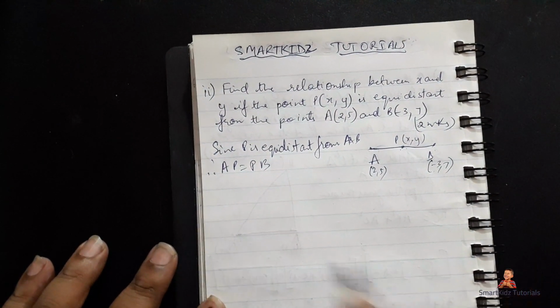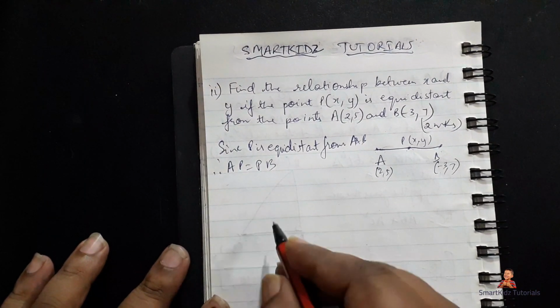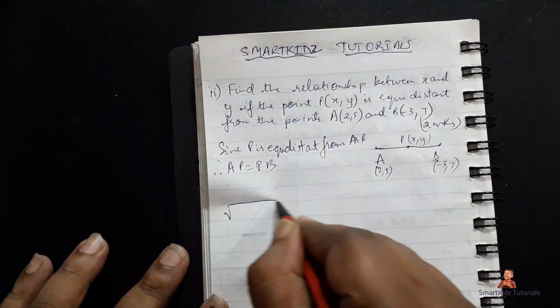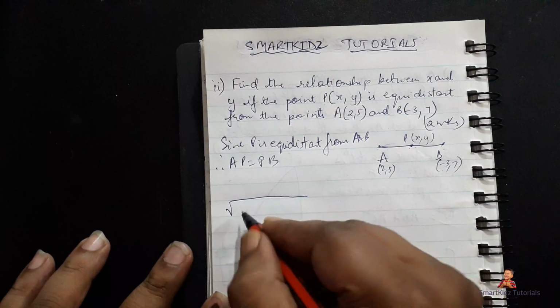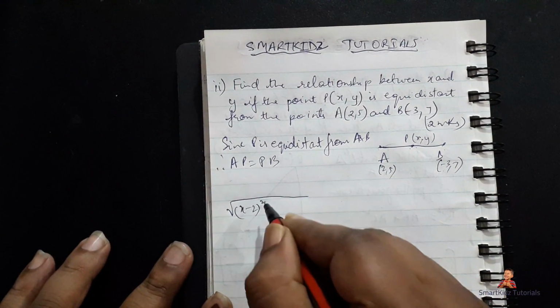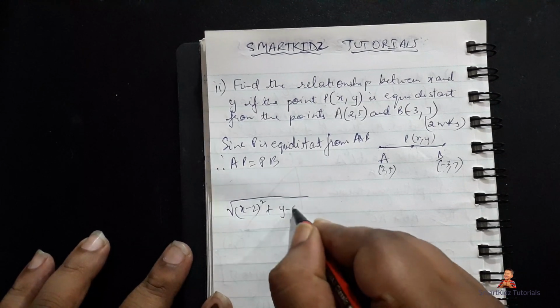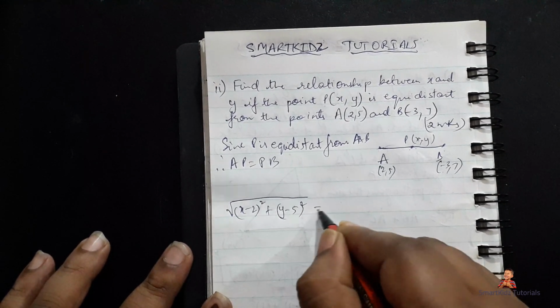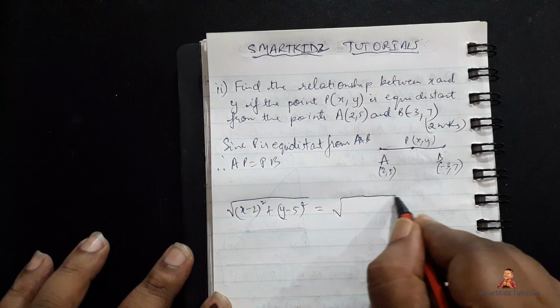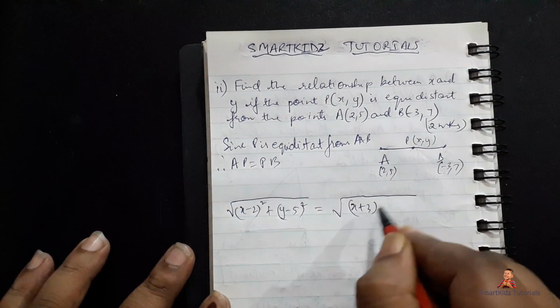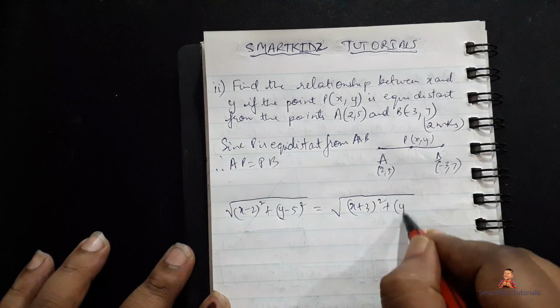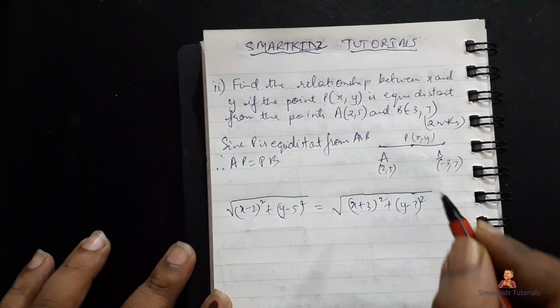And we put the distance formula for AP, so that would be square root of (x minus 2) whole square plus (y minus 5) whole square, equal to square root of, in case of PB, (x plus 3) whole square plus (y minus 7) whole square.